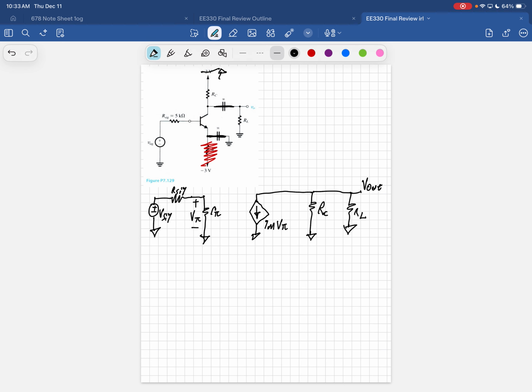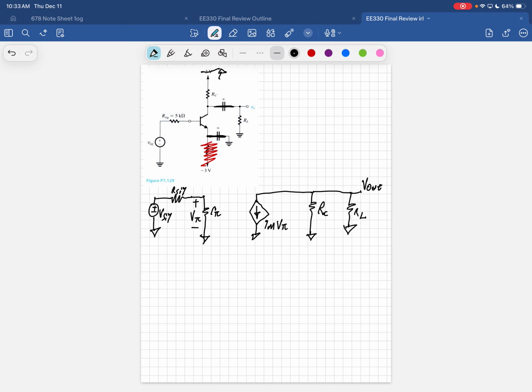It would still be Vsig, because you're going to have some other kind of amplifier on the left-hand side of this circuit, which they then simplify to be an AC voltage source.